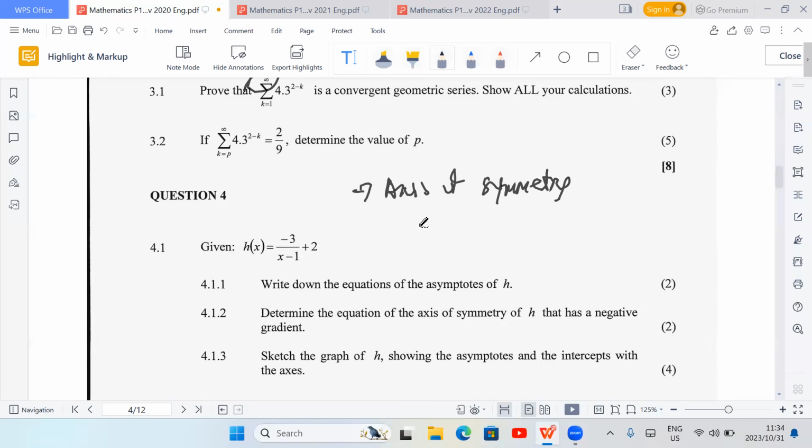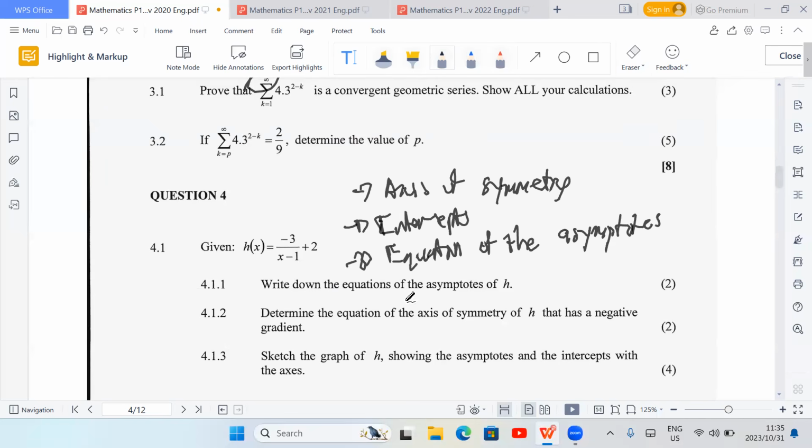So the one with the negative gradient or positive gradient, they will ask questions based on you having to find the intercept, either the x-intercept or the y-intercept, and then they will ask you to get the equation of the asymptotes. We know we have 2 asymptotes here, the vertical asymptote and the horizontal asymptote.